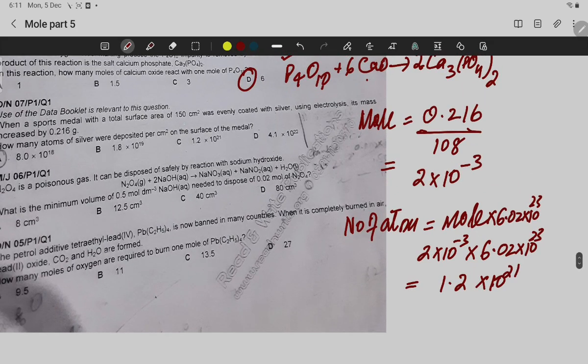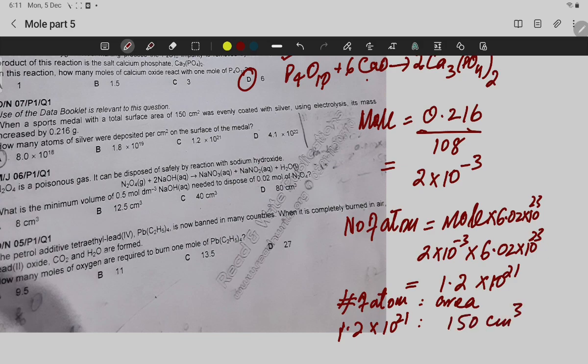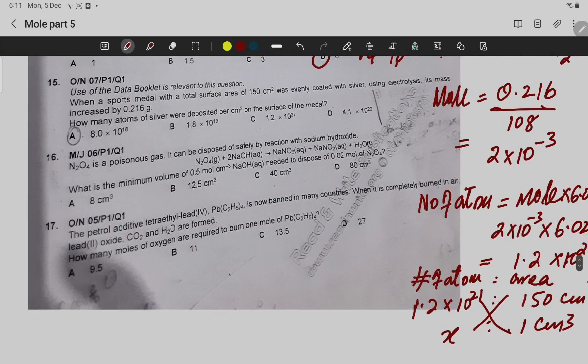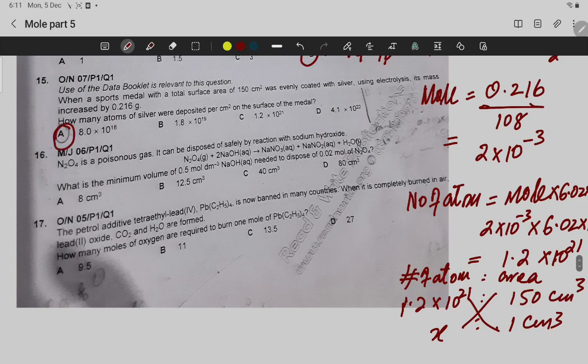So this is for 150 centimeter cube. So number of atoms ratio area: 1.2 × 10^21 per 150 centimeter cube covered. So for 1 centimeter cube, ratio x, cross multiply, and this will be equal to, I think, 8.